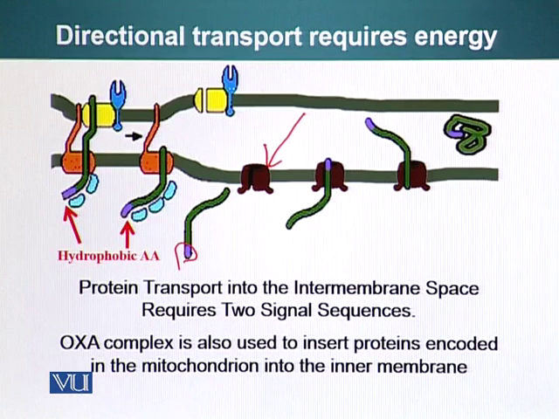OXA proteins also have a channel in them, so these proteins are then threaded into the inner membrane space, and once they reach that space, they're allowed to fold into their normal configuration. So the proteins that have to enter the inner membrane space require two signal sequences, and additionally they require help from the OXA complex in achieving that goal.